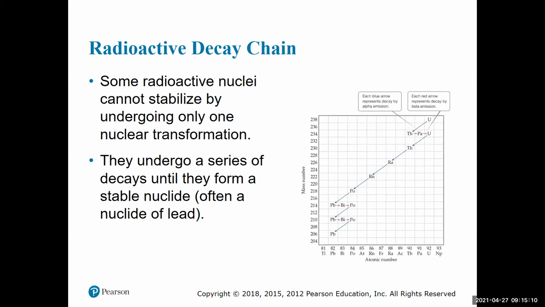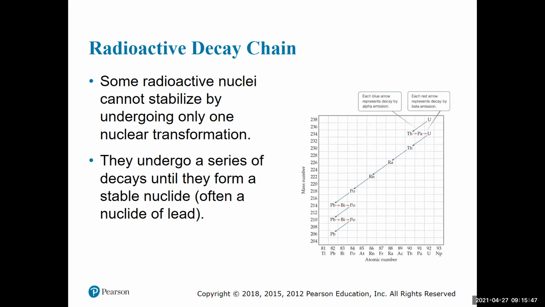Then the black ones are alpha emissions, and we see that going down. I don't know what the total is. We've got 1, 2, 3, 4, 5, 6... about 14, I think, processes going on. And we wind up all the way from uranium, over 238, down to 206 in terms of mass number, and we're at lead.